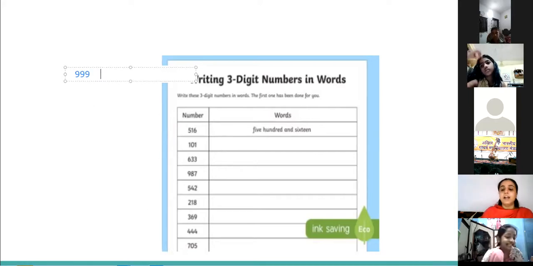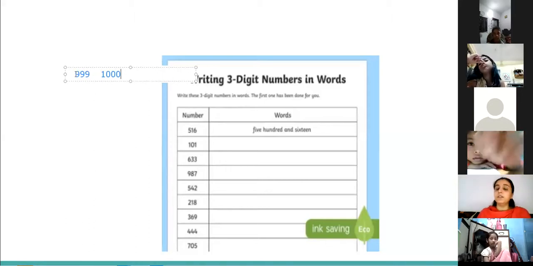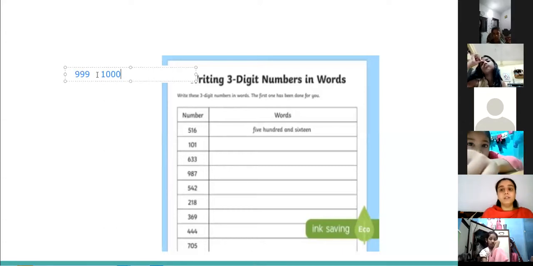Correct. After 999, we have 1000. That means 1 and 3 zeros. Now we had only 3-digit numbers, with units, tens and hundreds places. But as we move after 999, we now have 4 places.